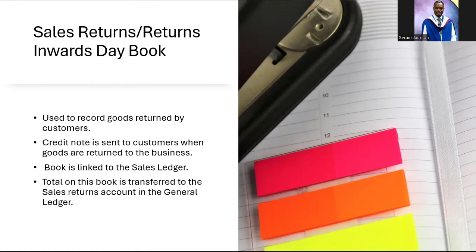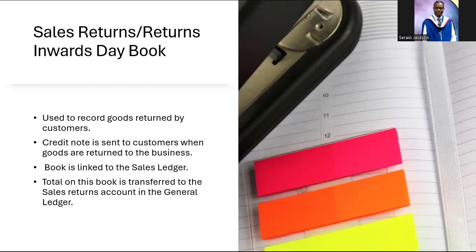When customers return goods to you, you will have to issue what is called a credit note to your customers. The credit note will inform the customers that you have received the items that they sent and that their account would be credited, which would mean that it would reduce the amount that they owe to you, because obviously they are sending back goods to you.